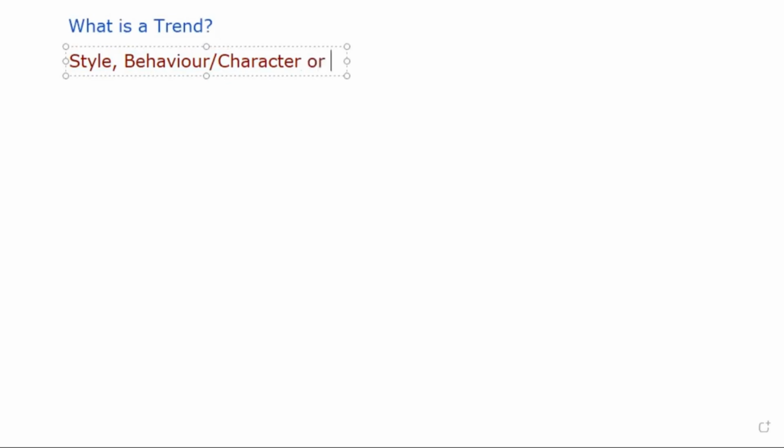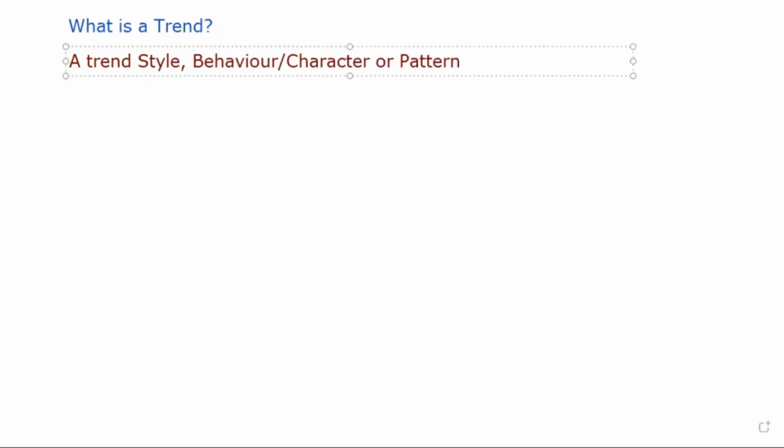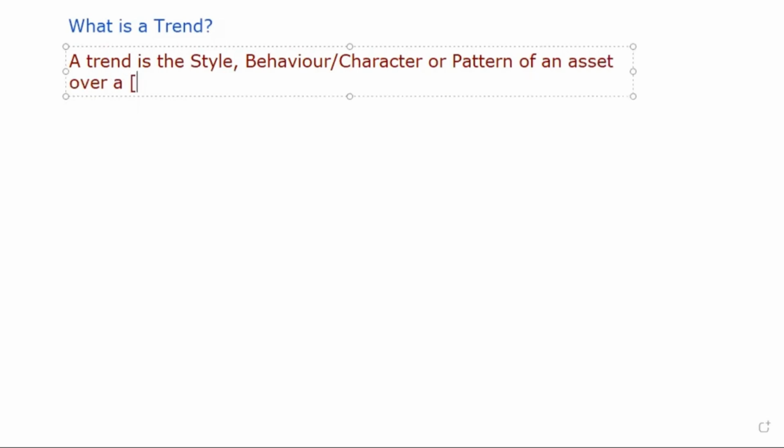These are the words to mean trend. So let me just go here. A trend is the style, behavior, character, or pattern of an asset over a period of time.